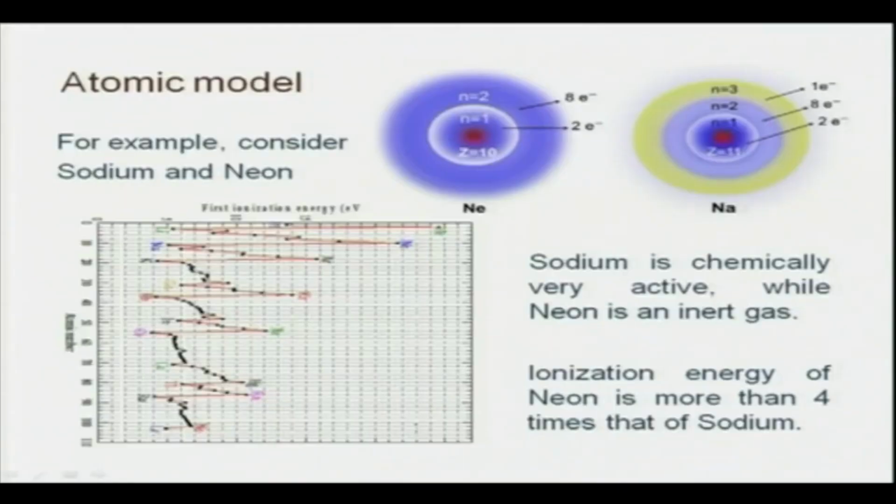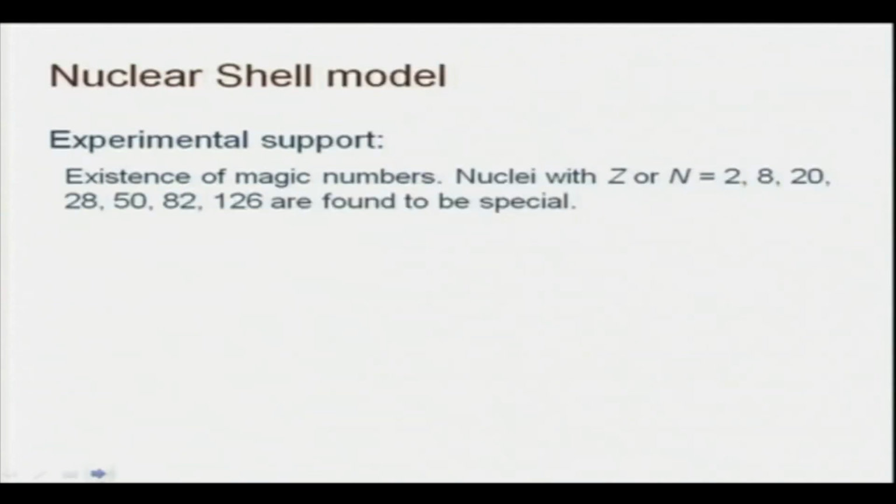You can see in this graph that we have plotted, there are spikes in the spectrum, and these spikes, corresponding to helium, neon, argon, krypton, xenon, etc., correspond to completely filled shells.